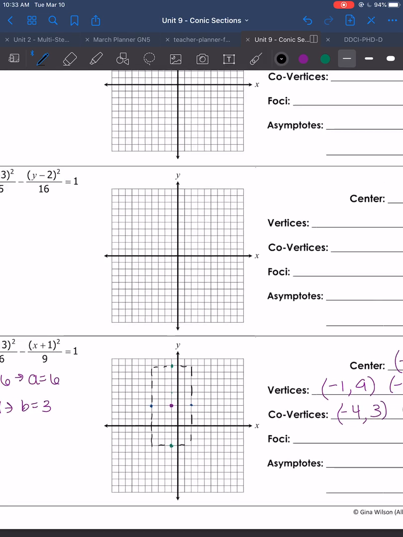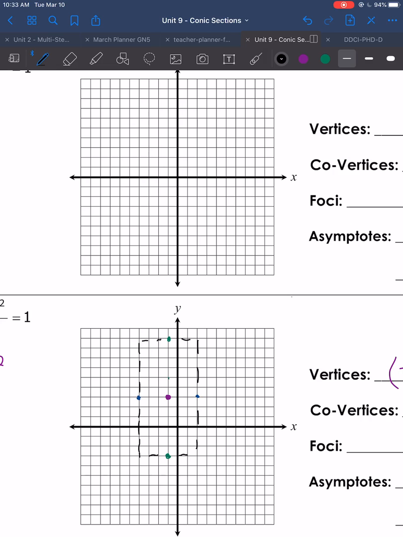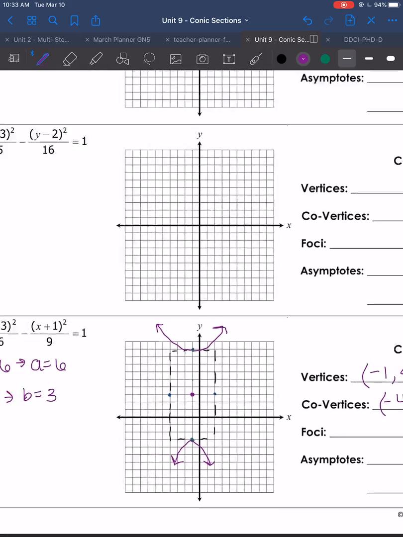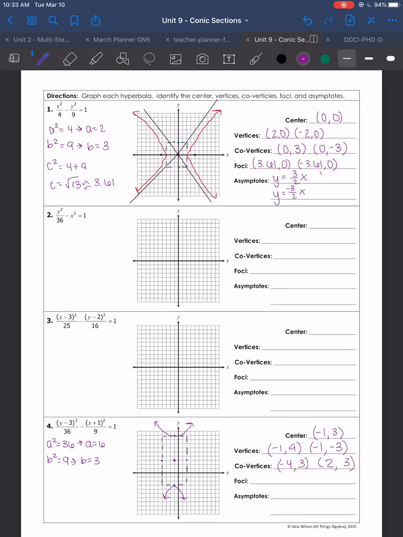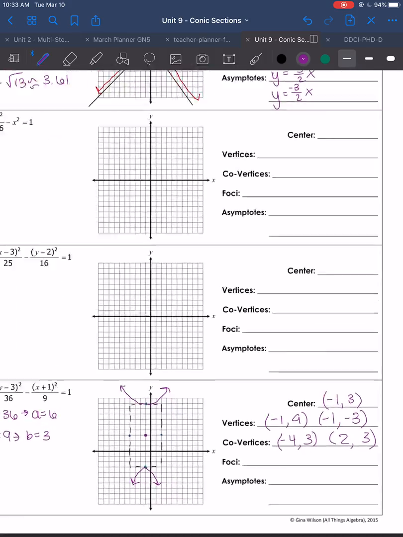There's my box. And so I know my hyperbola is going to look something like this. I just don't know how steep it's going to be yet, given we don't know what the foci are. So something like that. I'll change it in a second.